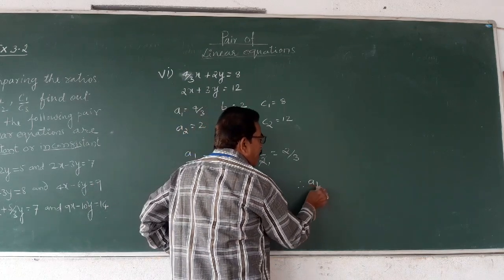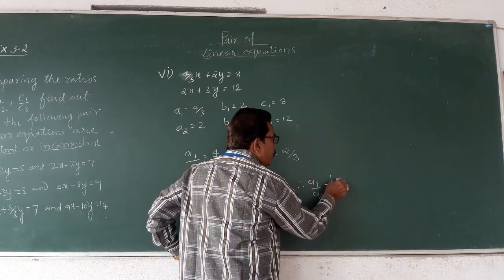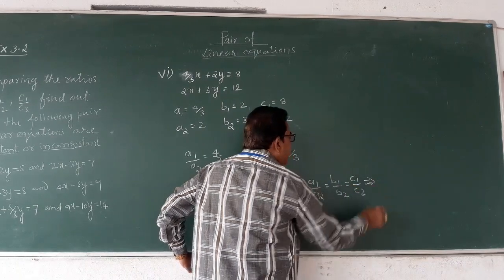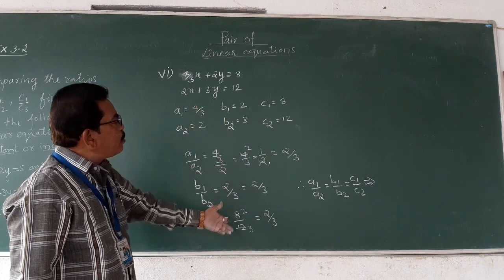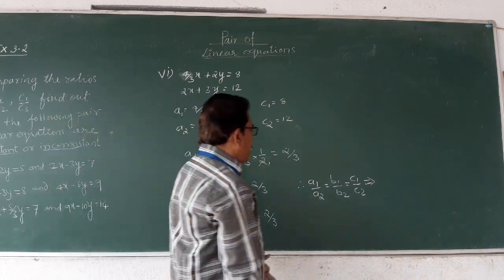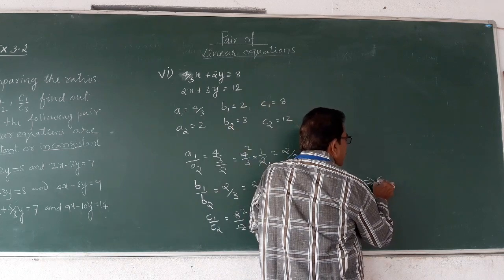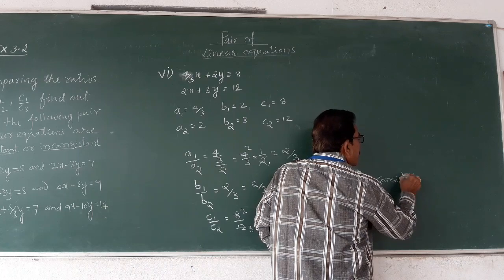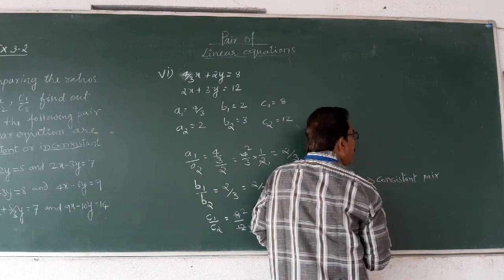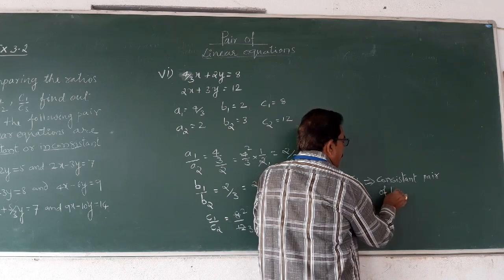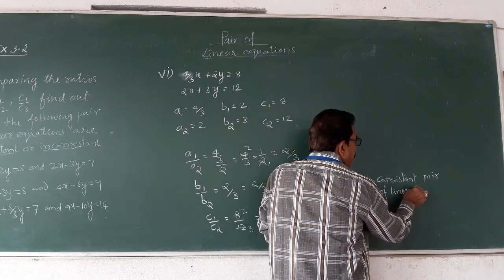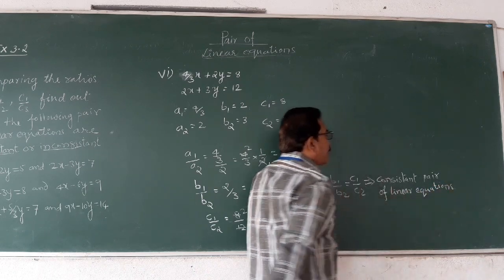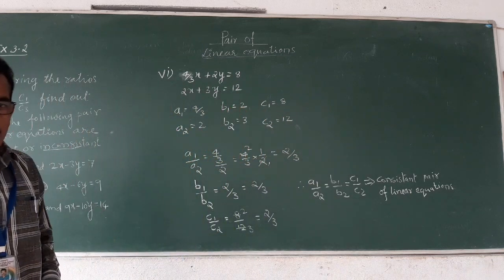Therefore, A1 by A2 equals B1 by B2 equals C1 by C2. That implies it has so many solutions. So, what does it mean? Consistent. Consistent pair of linear equations.